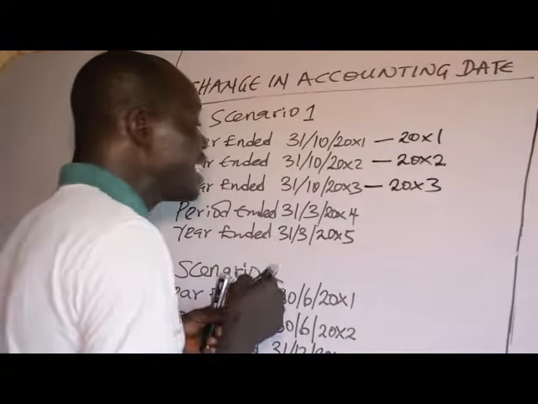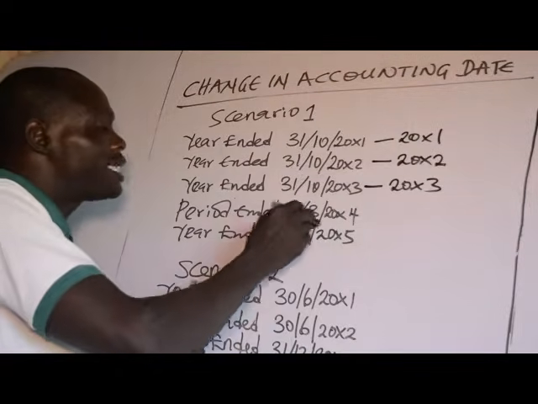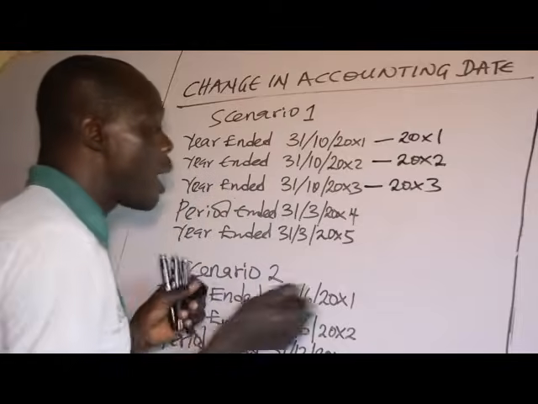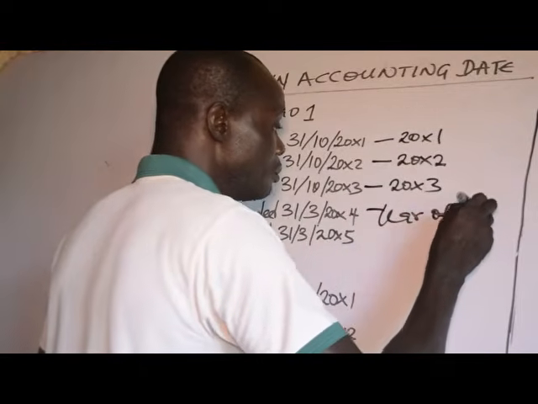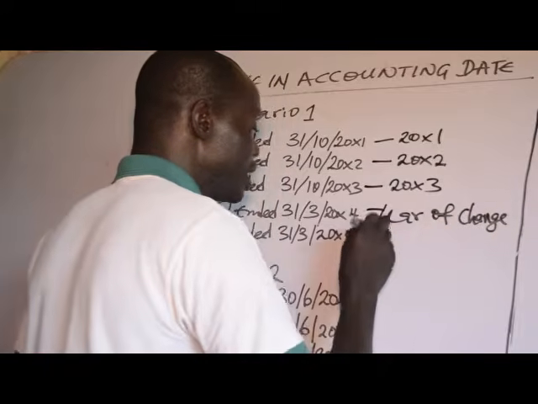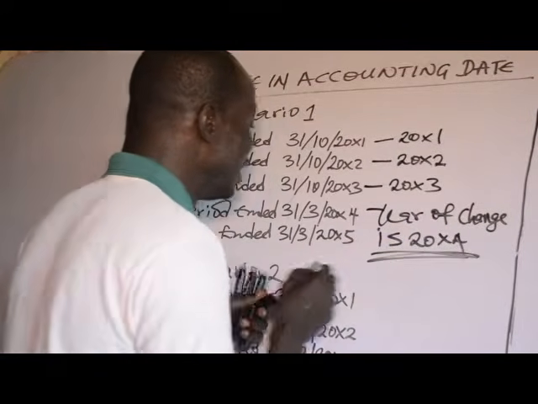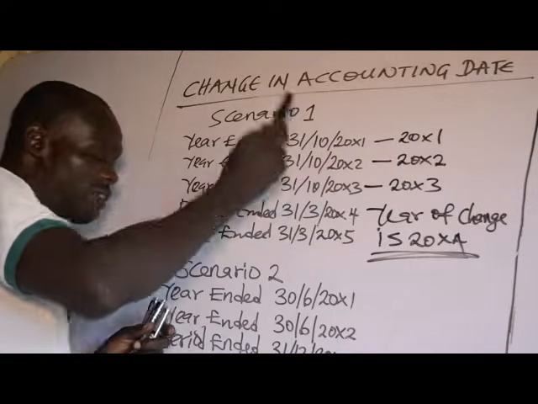Therefore, the year this entity fails to adopt October, which is 20X4, is the year of change. Therefore, in scenario 1, the year of change is 20X4, the year the entity fails to adopt October 31st.